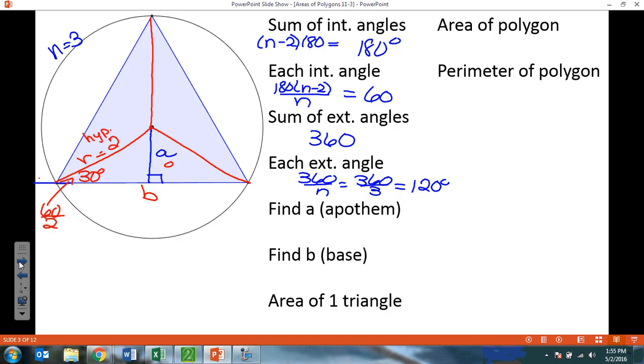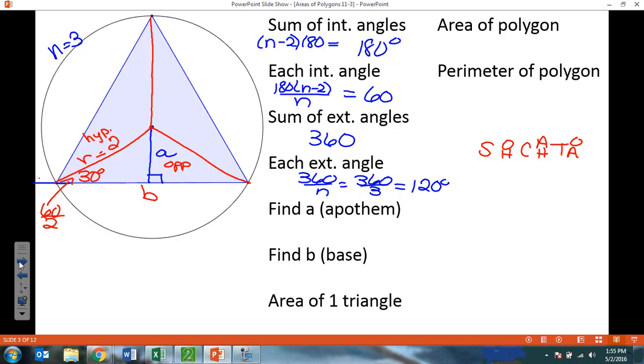I'm trying to find the opposite. So from trig, does anybody remember which one uses opposite and hypotenuse? The sine. SOHCAHTOA, the sine. Okay.